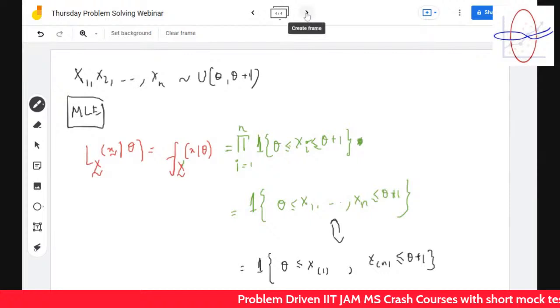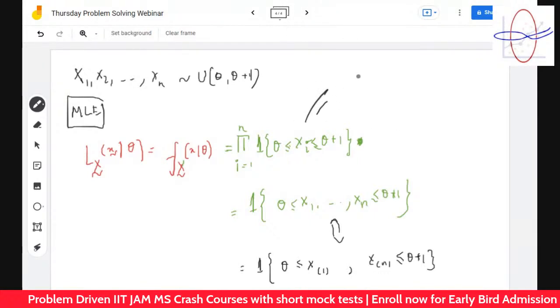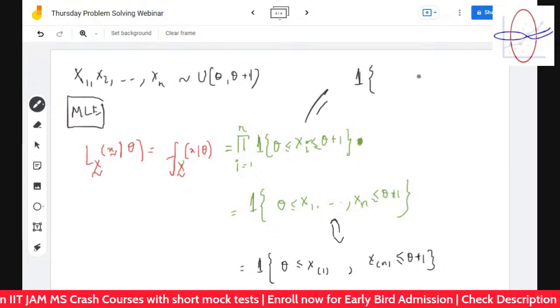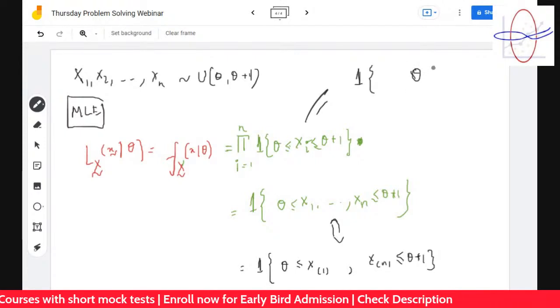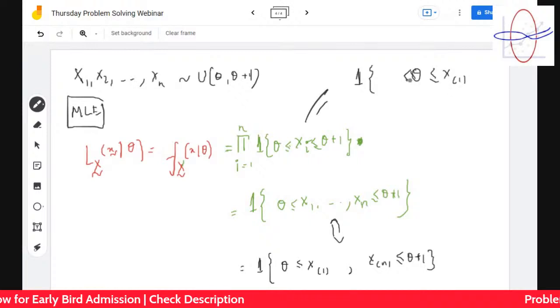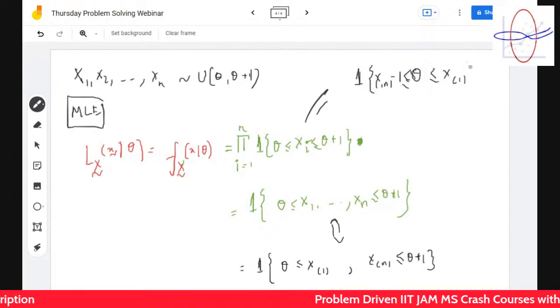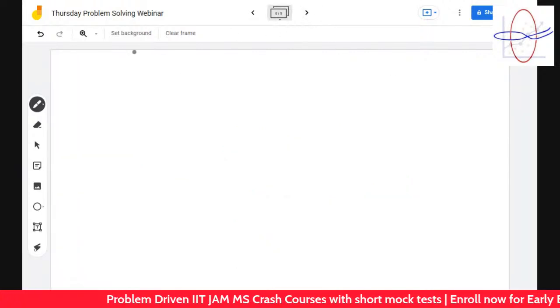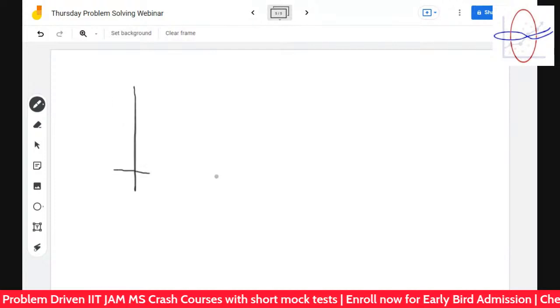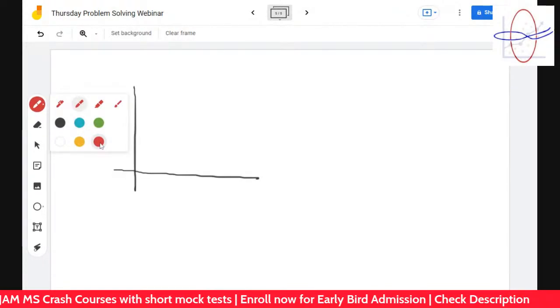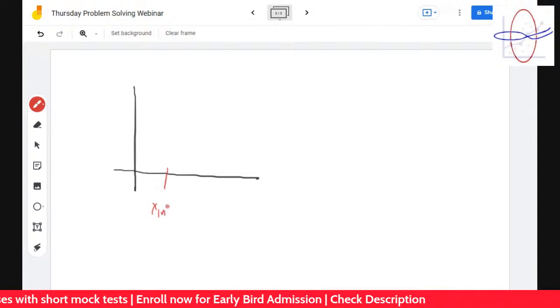So we have that it's equal to the indicator that theta is less than or equal to x1 and greater than or equal to xn minus 1. Okay, and therefore this is the likelihood, and let's draw the likelihood then. If you draw it, xn minus 1 is over here and x1 is over here.